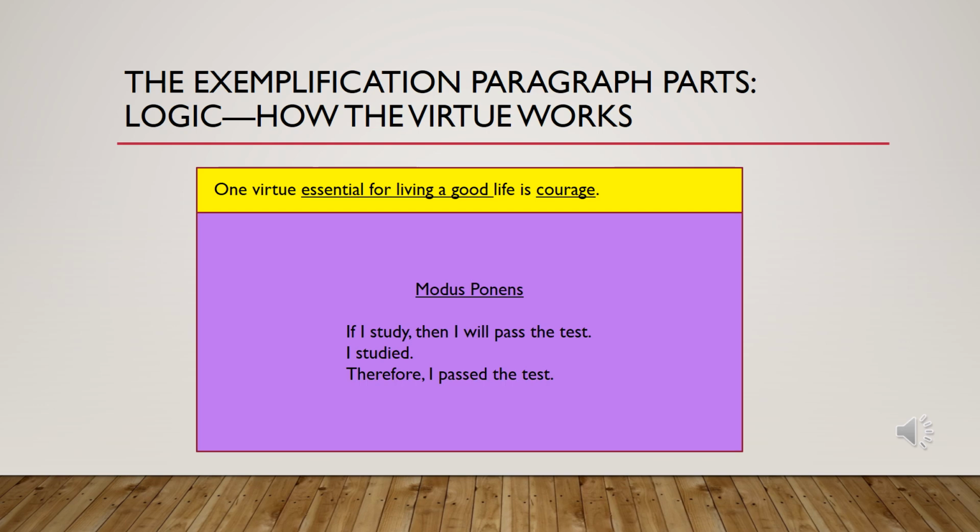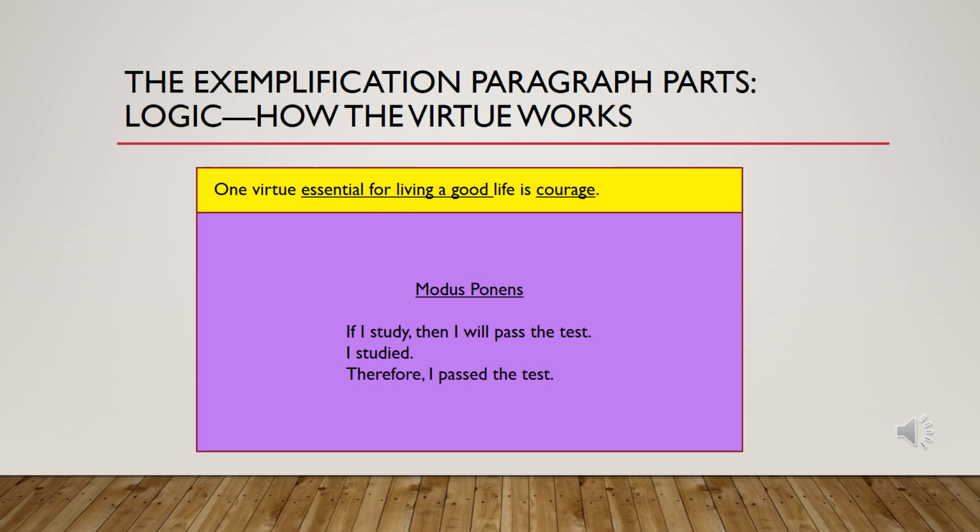Actually, before we get to courage, let me give you a common way to flesh out the modus ponens. Here's an example of it in action. If I study, that's the P, then I will pass the test, that's the Q. I studied, that's the P. You're asserting P happened.